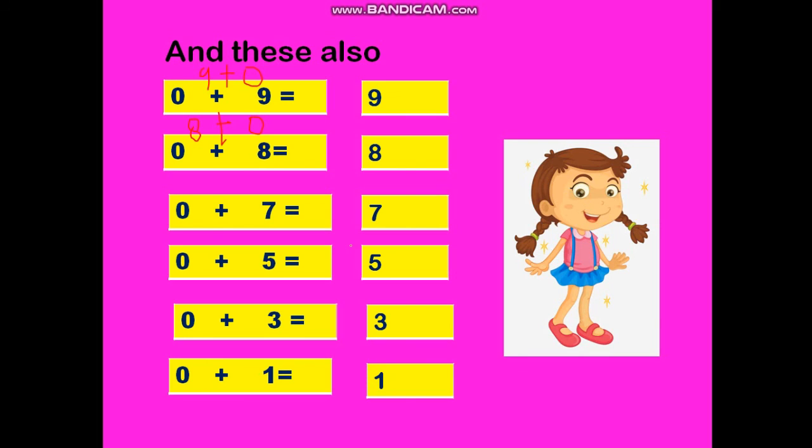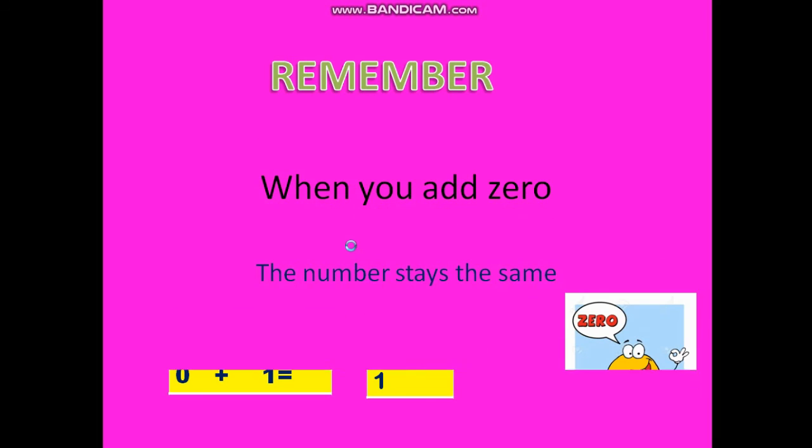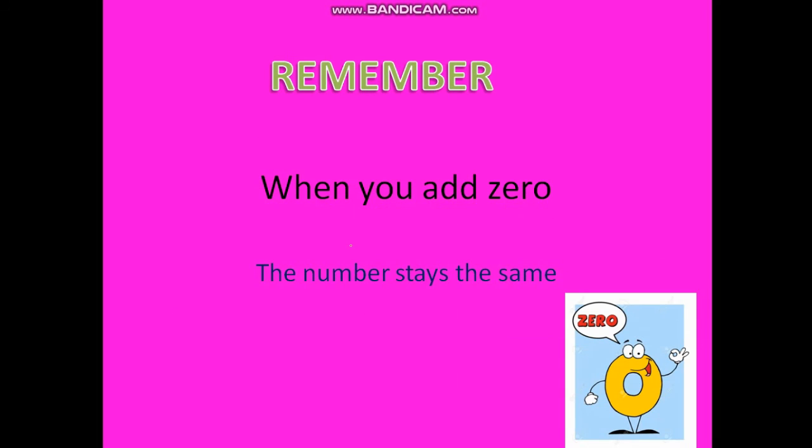Hope you are able to understand this concept. Very, very, very easy. Rule 1. When we add a number to 0, the number stays the same. And even if we change the place of the number, the sum is still the same.